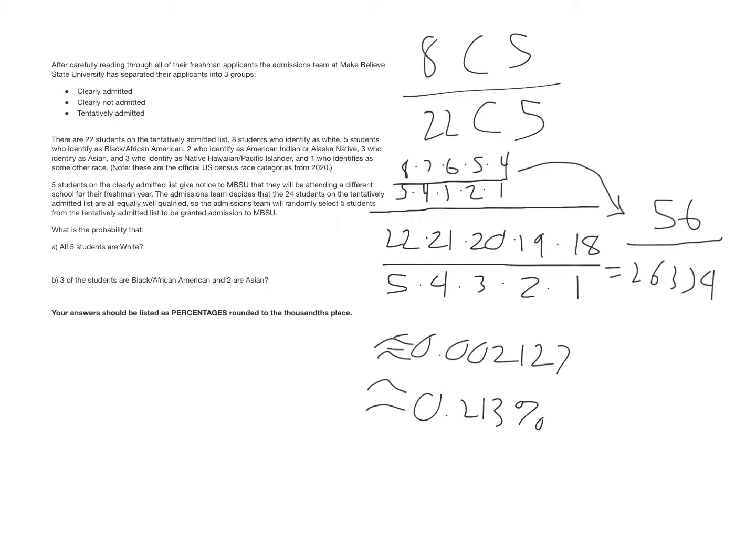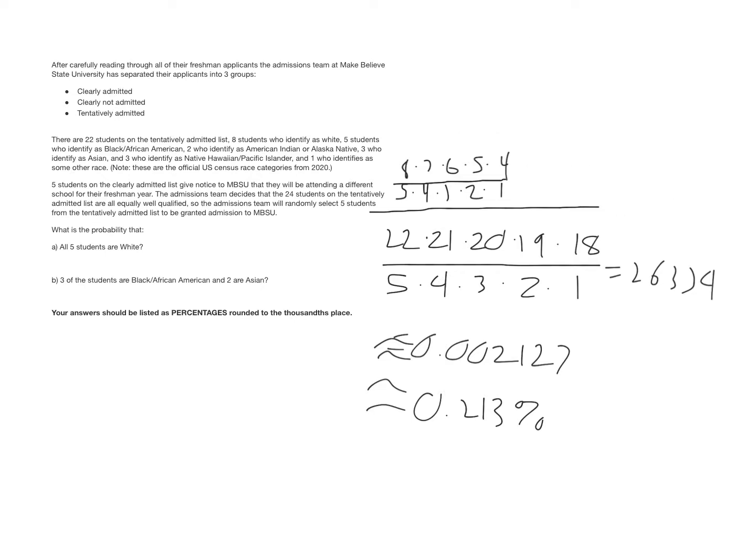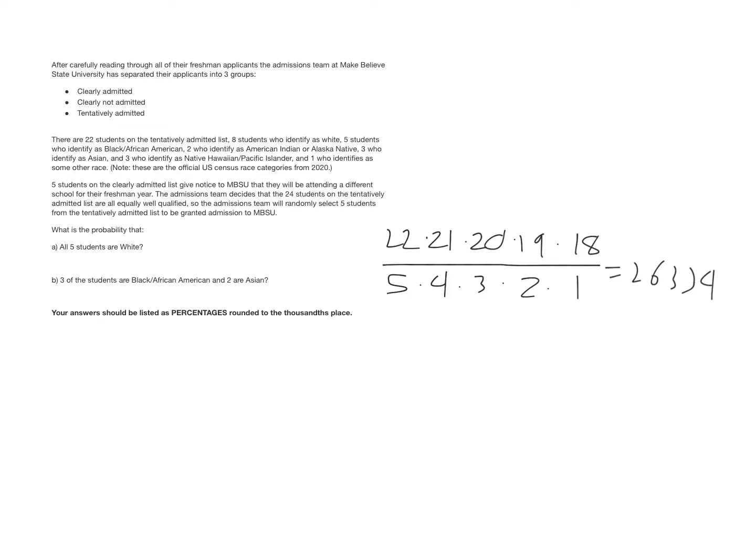Do the exact same thing for part B. Let's get rid of some of this. If you need to pause, write it down, go for it. I'm going to get rid of all this. Actually, I'm going to keep that one because I'm still choosing 5 out of the 22 people.